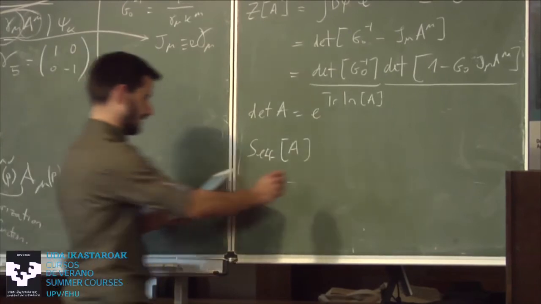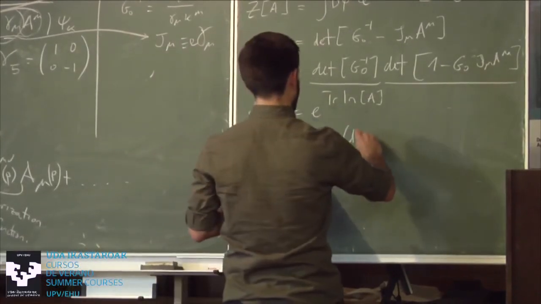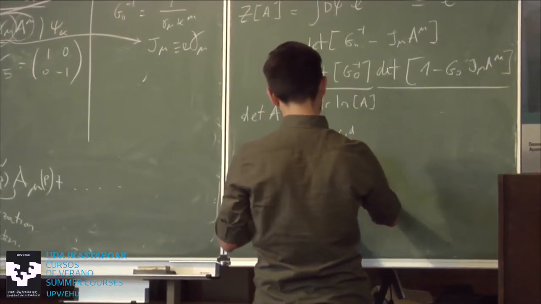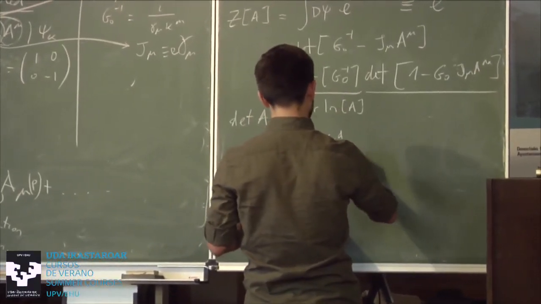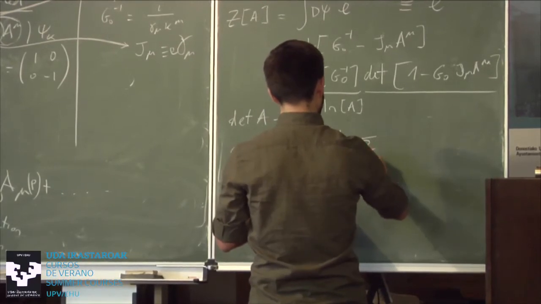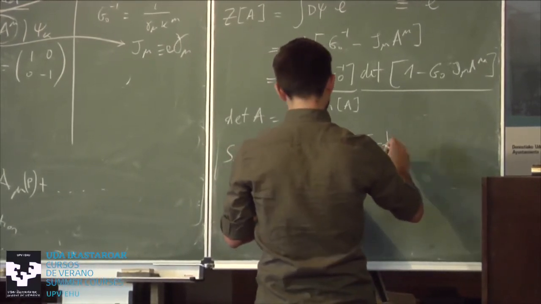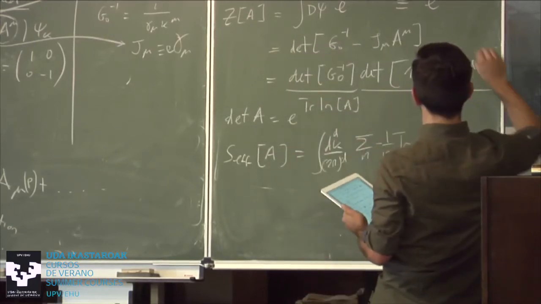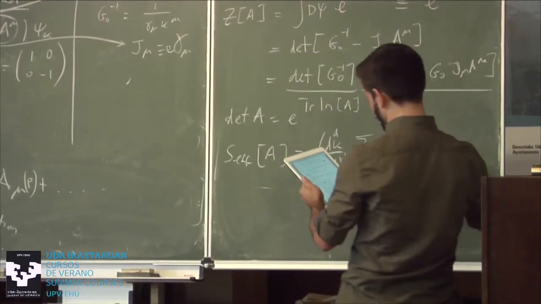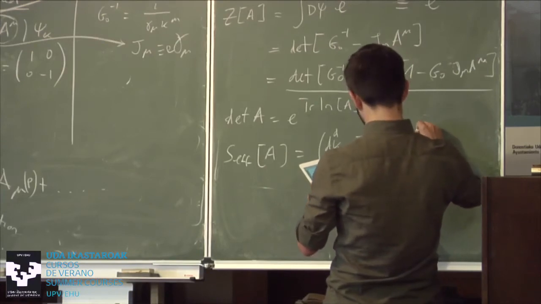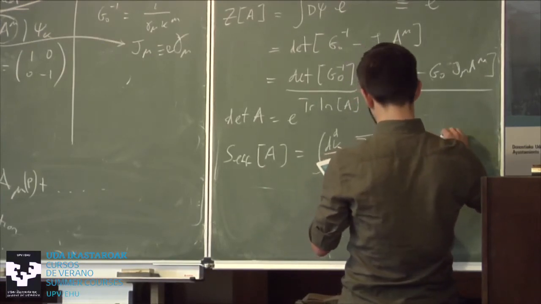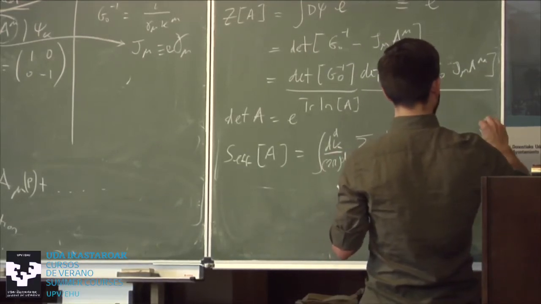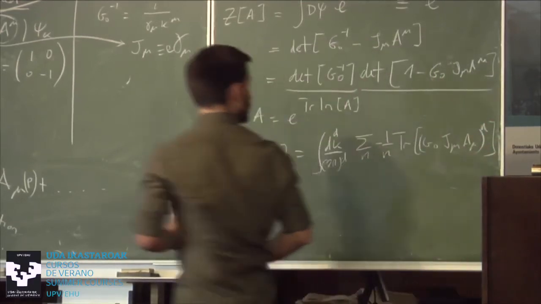So the effective action, if I write it fully in k-space, choosing some normalization, I'm going to already expand the logarithm. I'm going to assume that this guy is small and expand the logarithm: trace of G0, J mu, A mu, to the n.